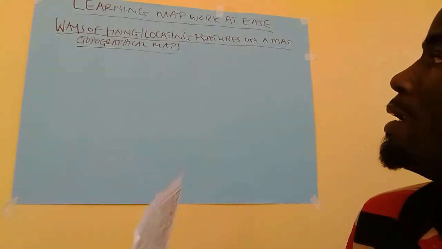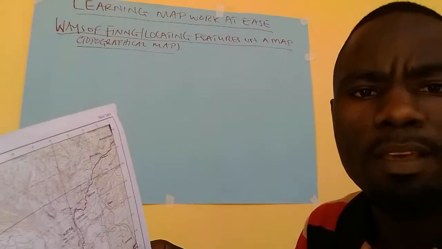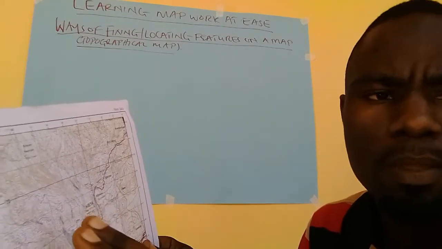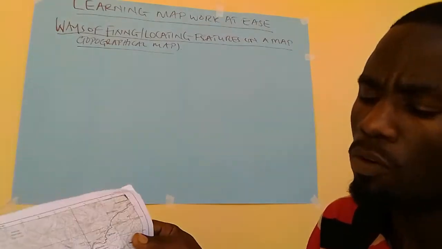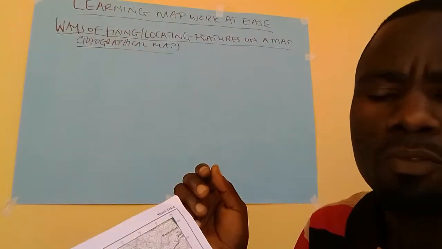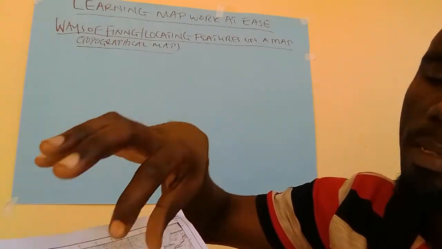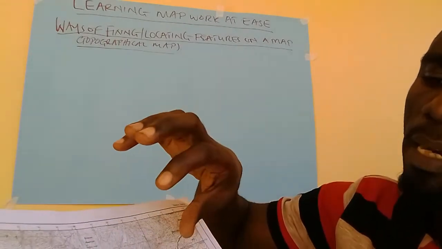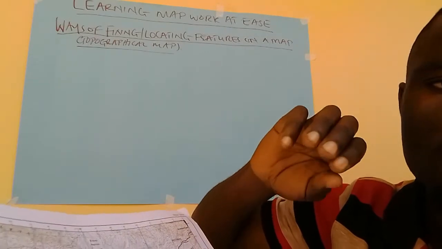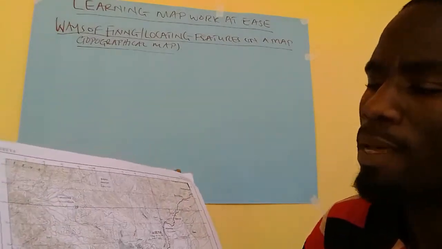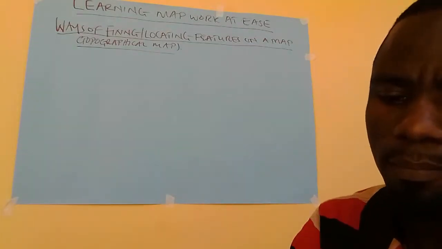So, in giving these evidences, we are supposed to locate them from the map. When I'm answering a question on map work, I'm supposed to tell the examiner where that point I'm talking about is, such that the examiner can prove that I did not cram or I'm not using general knowledge, but I'm referring to a specific map that is being asked.